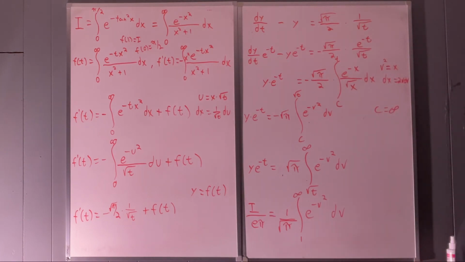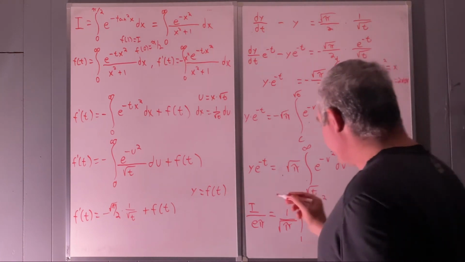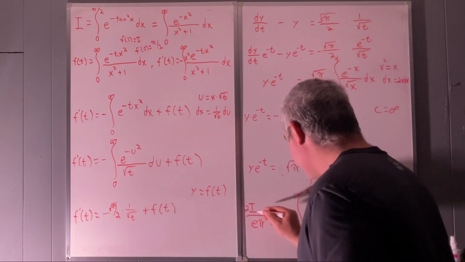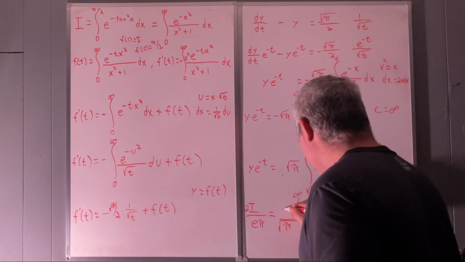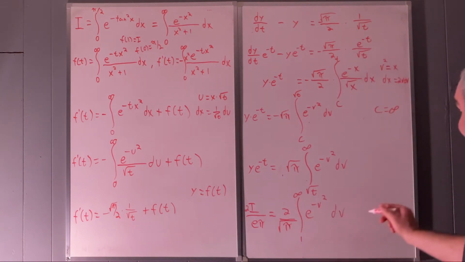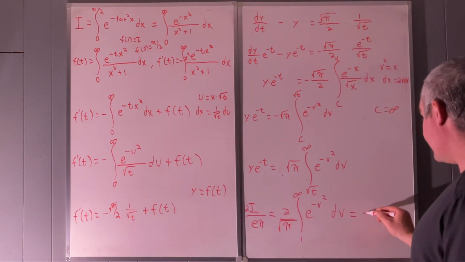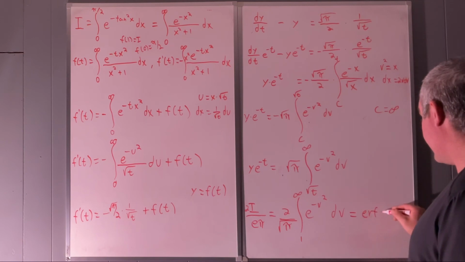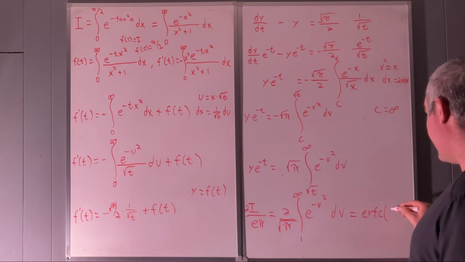But now we need to multiply both sides of the equation by 2. And we have that. And this is erfc of 1.